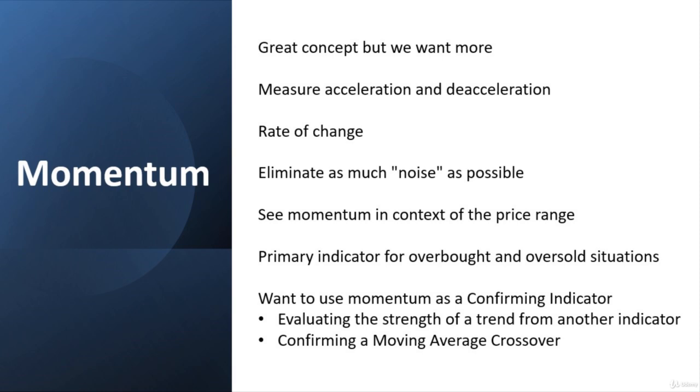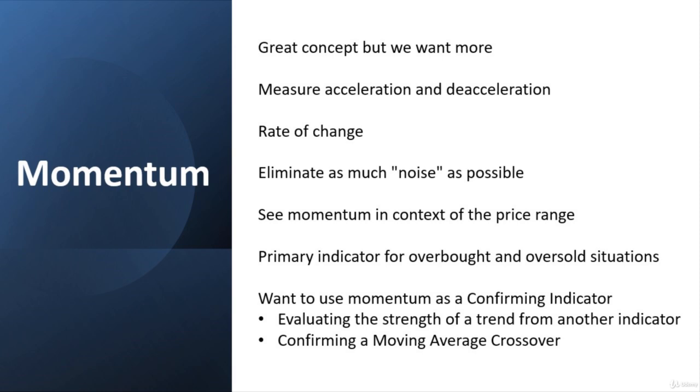A lot of people like to use momentum more so as a confirming indicator. I like that idea too. It helps you evaluate the strength of a trend that another indicator is saying exists. So your primary indicator is saying there is a trend, whether it's up or down, and maybe it's something like a moving average crossover, whether it's price crossing the average or two averages crossing each other.